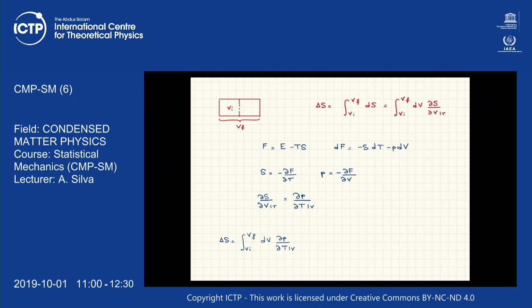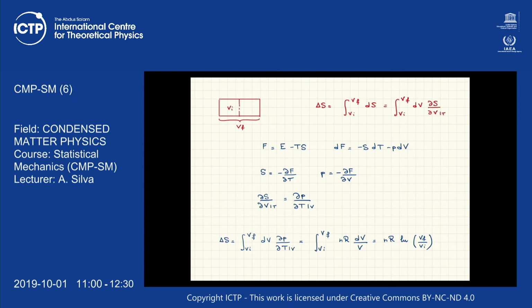Because I know that P times V is equal to N times R times T. So dP/dT at constant volume is going to give us the integral from V initial to V final of N times R dV over V. And then I do the integral and I get N times R log of V final over V initial. You see?